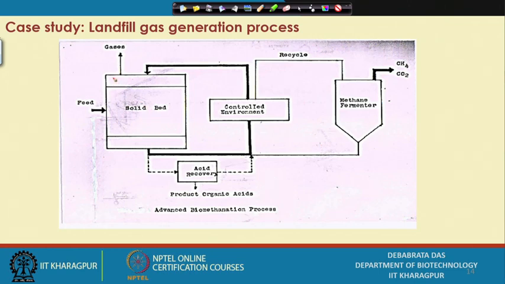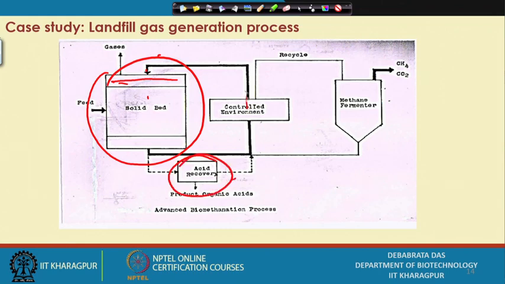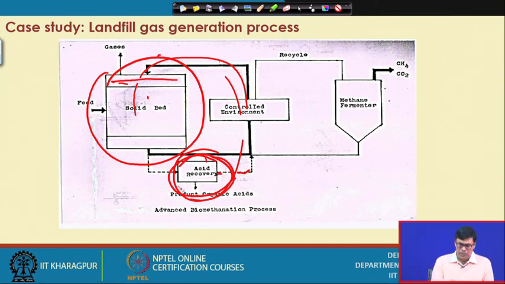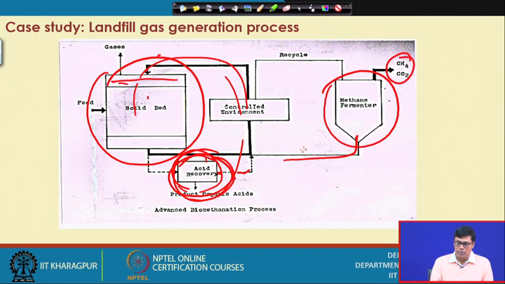Now, this is the landfill area. Here we can spark the acidogenic organism, so that the degradation of the solid material to organic acid will take place. This is the acid recovery unit. You can recycle back again and again until the solid material is stabilized, and then this liquid, the volatile fatty acid, you pass through the methanogenic reactor to produce methane and carbon dioxide.